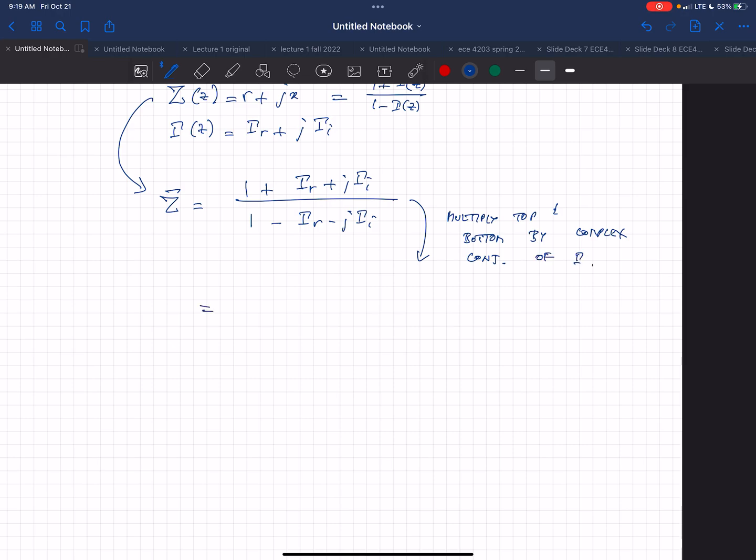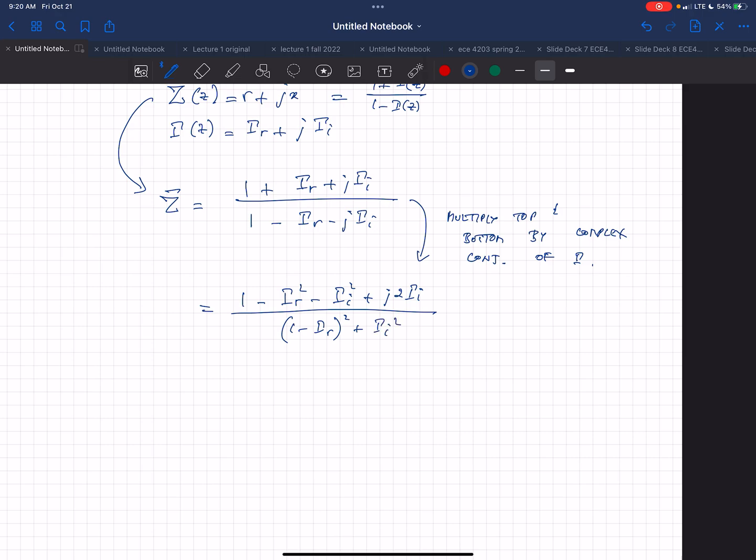And I'm going to end up with 1 minus gamma sub R squared minus gamma sub I squared plus j 2 gamma sub I, over 1 minus gamma sub R, the whole thing squared, plus gamma sub I squared.